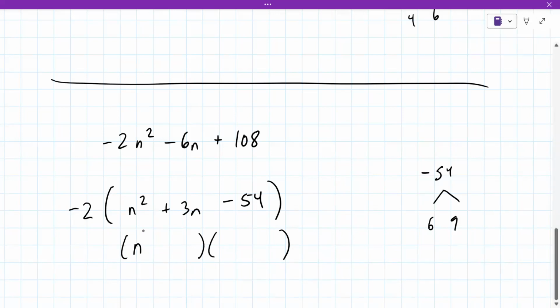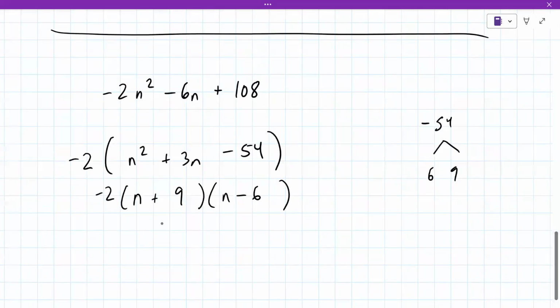Usually the variable comes first. N plus 9 and n minus 6. And it would also be okay to put n minus 6 and n plus 9. That would be okay as well if you wanted to switch the order. Is that okay? Yeah.